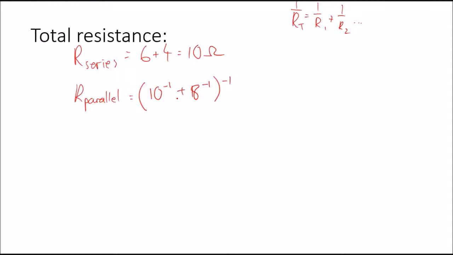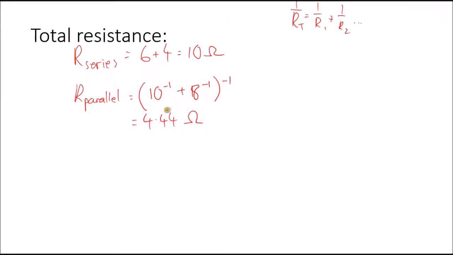So what I would type on my calculator is left bracket 10, then the x to the -1 button, plus 8, x to the -1 button, bracket, x to the -1 button, and then I'd hit the equals. And what I get in this case is 4.4 ohms, or 4.44 ohms.